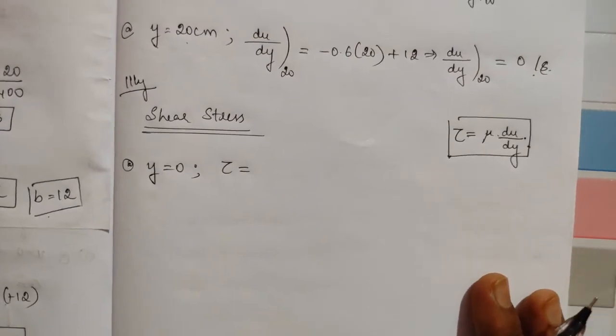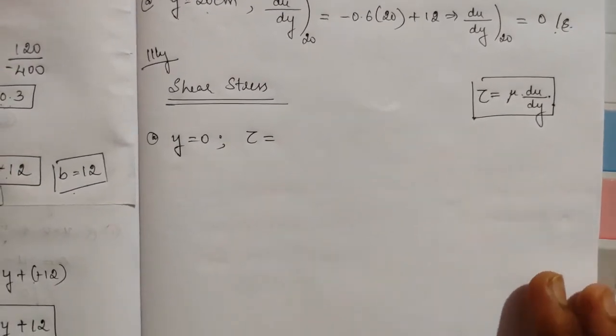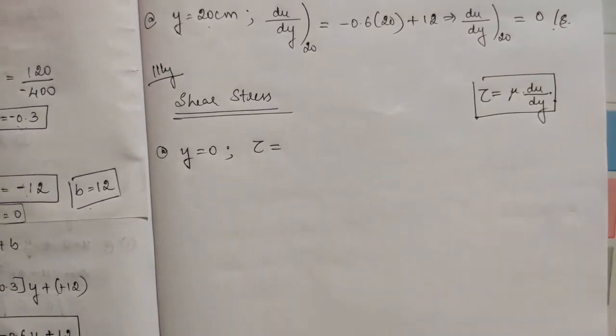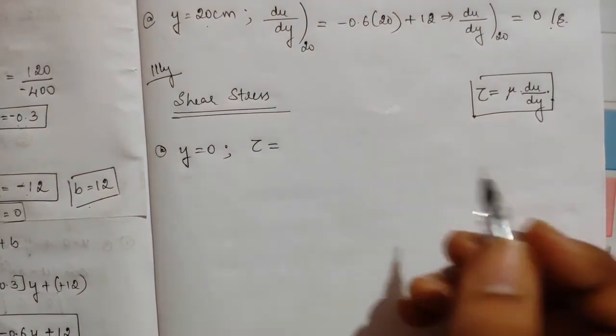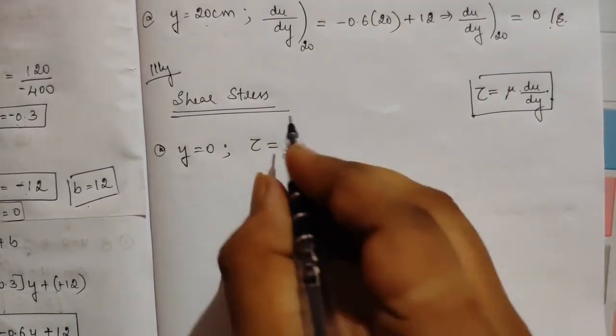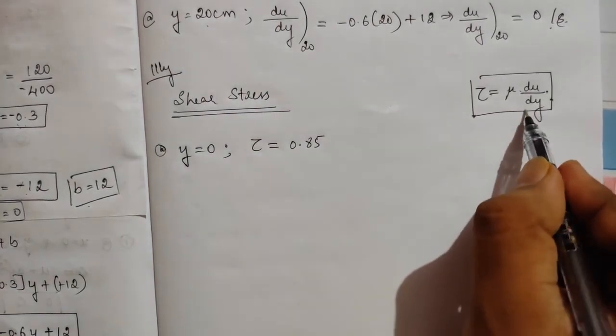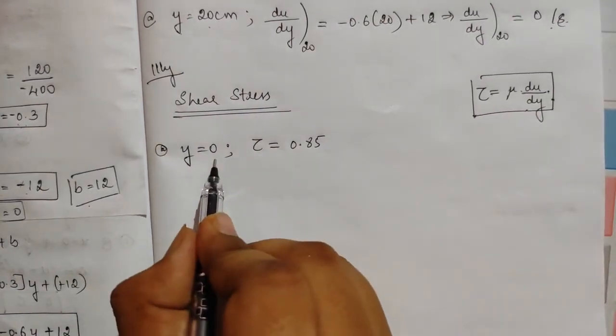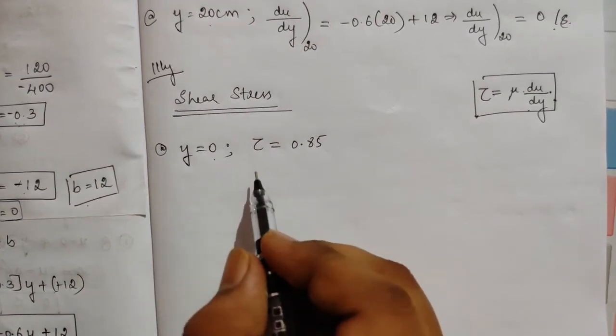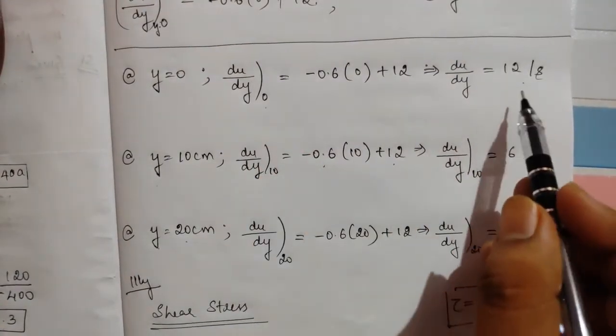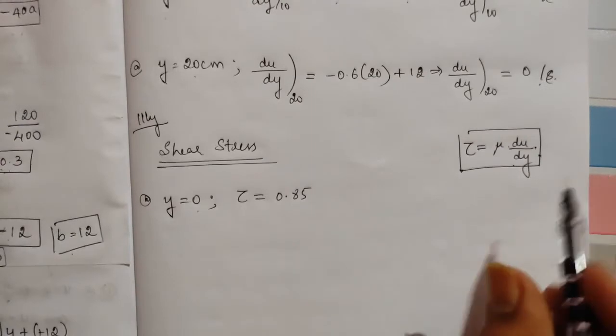Wait, I'll align. Okay, so tau is equal to 0.85 into du by dy at y equal to 0. At y equal to 0, the value of du by dy is 12.